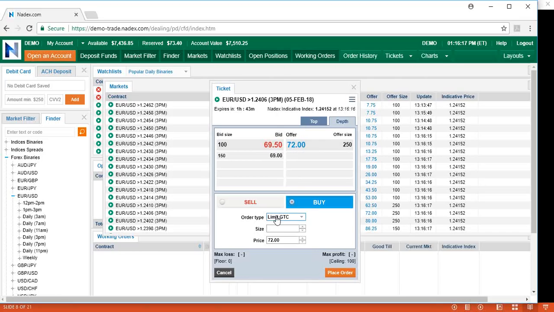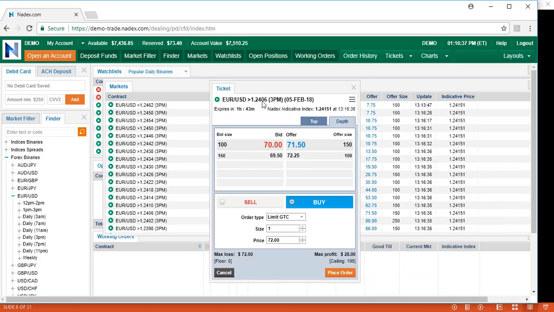So if I was to buy this binary right here for $72, well, I'm risking $72, and I've got a profit potential of $28. Okay, so again, if this binary expires at 2407, then it would be a profitable trade, right?